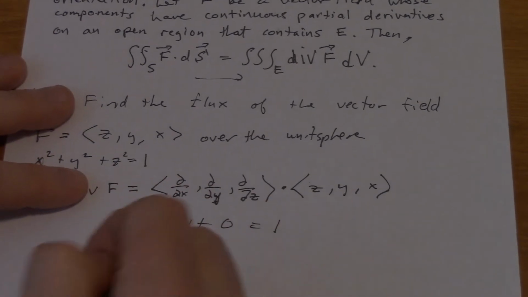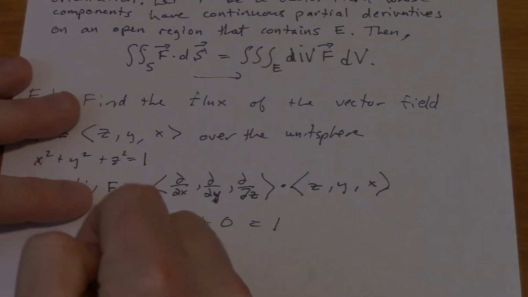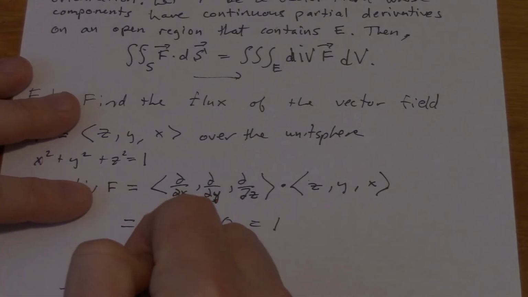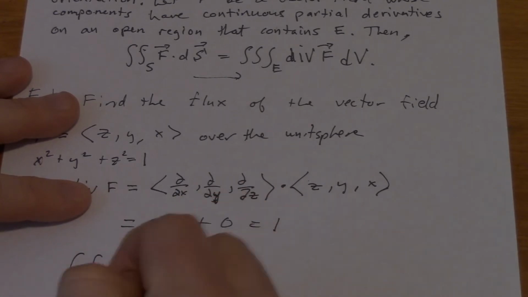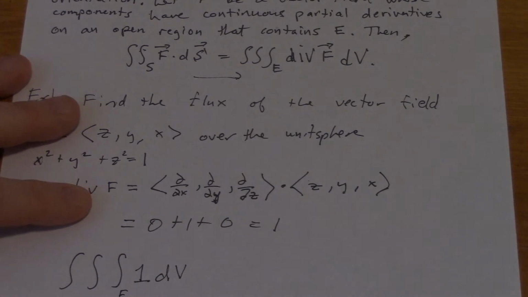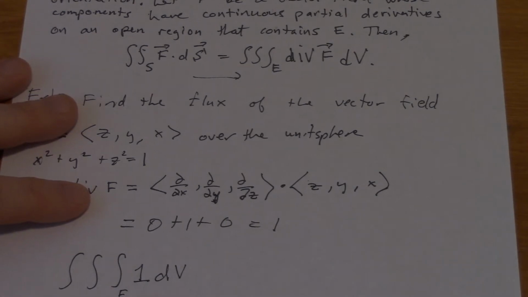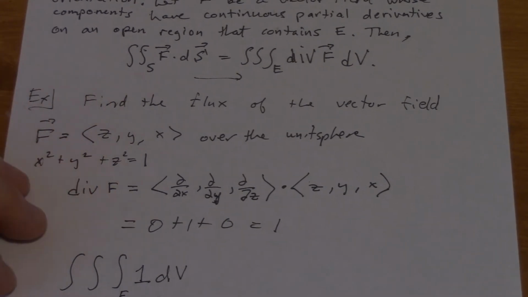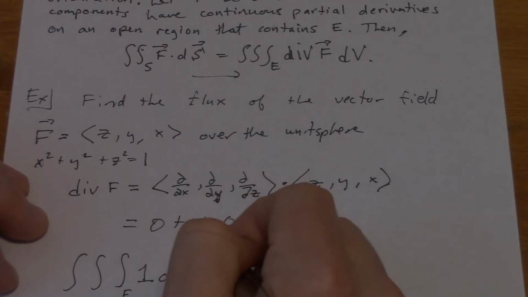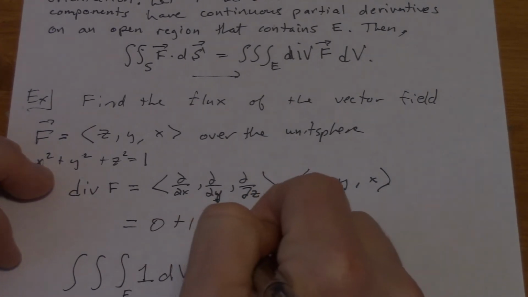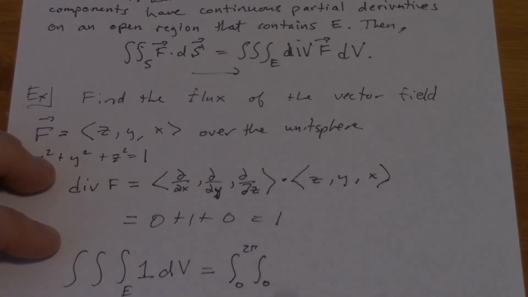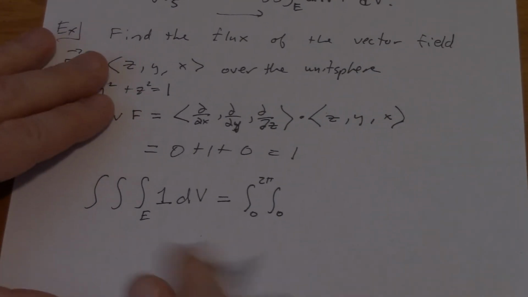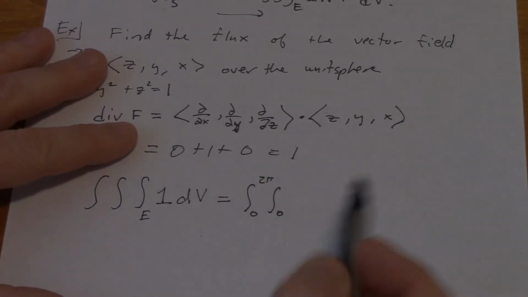Okay, so we're over the sphere. This would be the rectangular version of it, and we're not even going to write what the bounds would be in rectangular. We're going to convert this to spherical. So it'd be the triple integral of 1 with respect to volume.